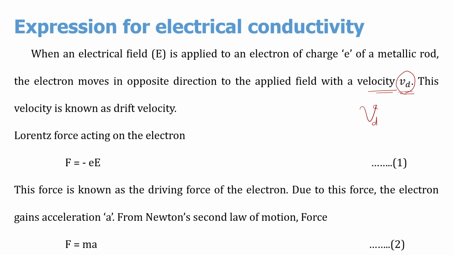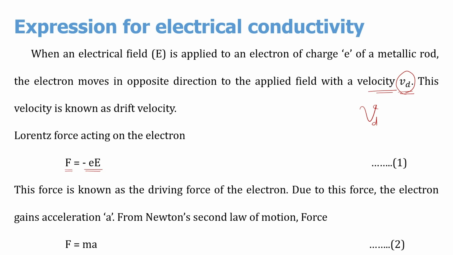When some external electrical field is applied, the force experienced by the free electrons, or the Lorentz force acting on the electron, can be taken as minus e into E, where minus e denotes the charge of the electron and E is the externally applied electrical field.